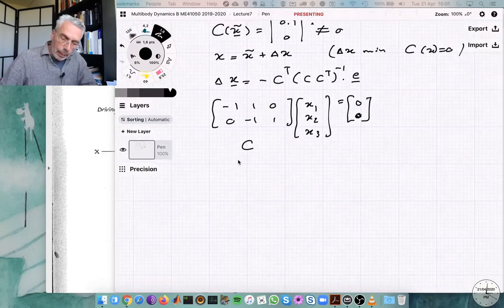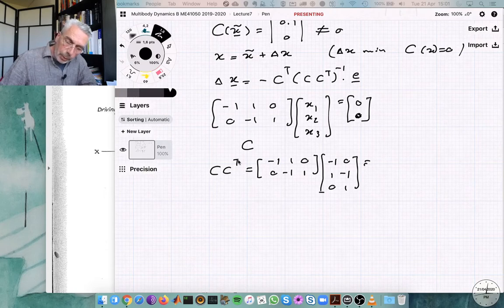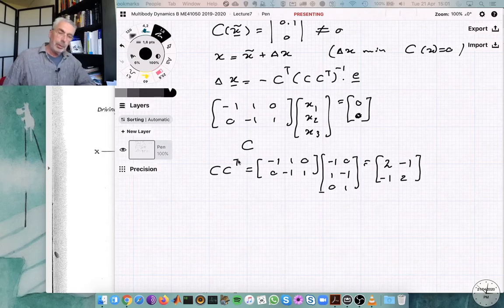Okay, then looking at this, we have to form a matrix C times C transpose. So let's write it out, right? We do an example: minus 1, 1, 0, 0, minus 1, 1, times this matrix, and we copy that, minus 1, 1, 0, 0, minus 1, 1, equals, so we get a 2, minus 1, minus 1, and a 2, and I'm sort of happy with this result.